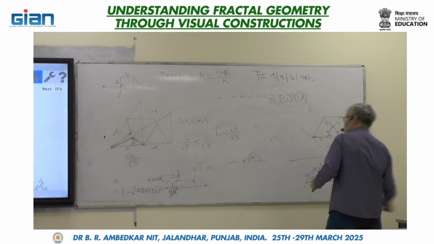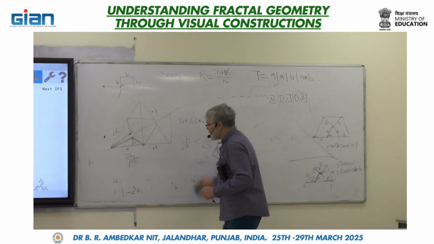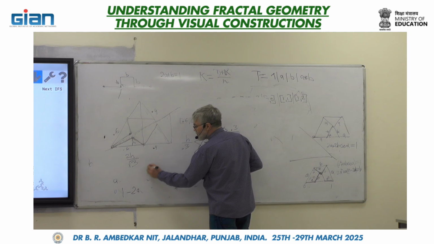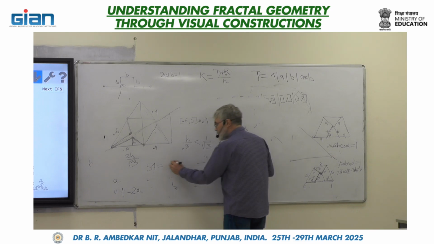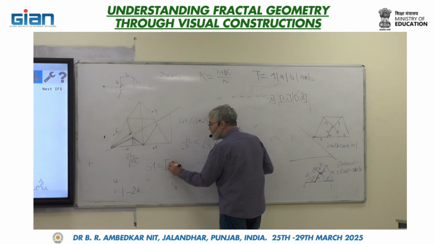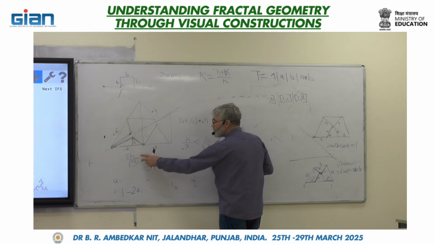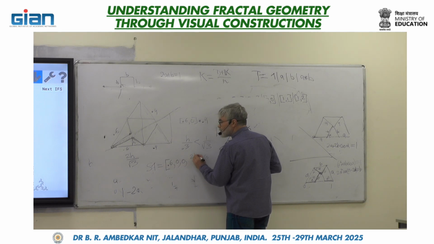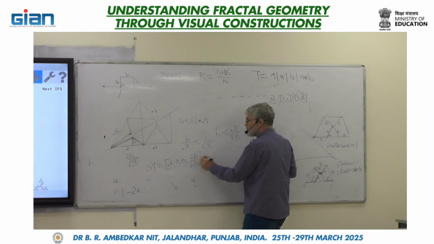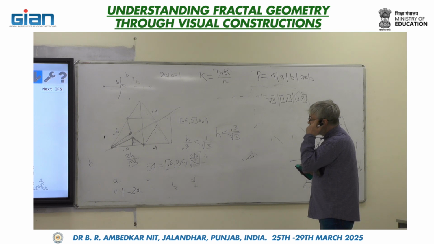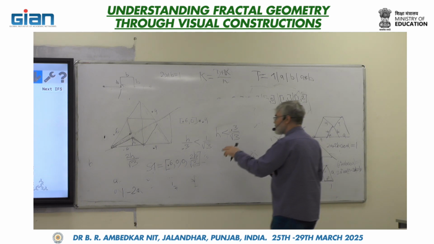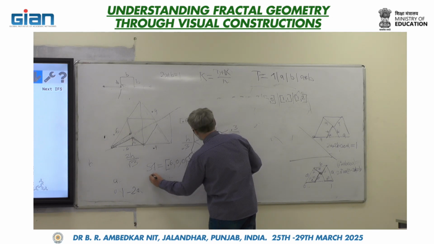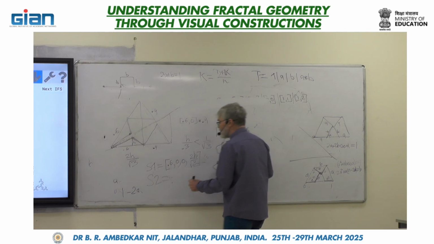Therefore, this map will be written in the form S1 will be equal to the matrix 0.6, 0, 0, and the value of 2h divided by square root of 3. Yes? So you need to compute this h.